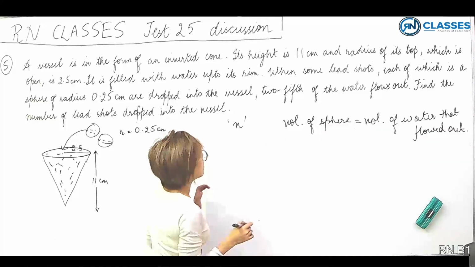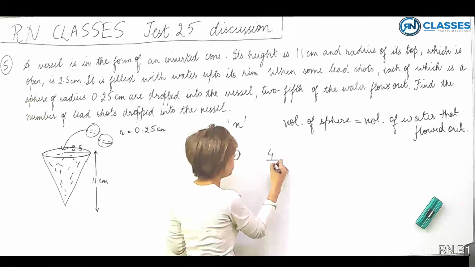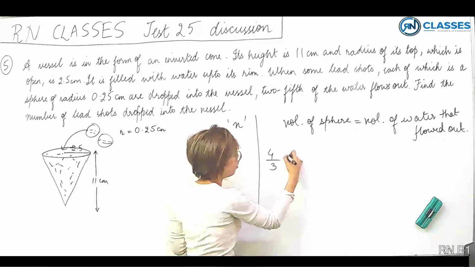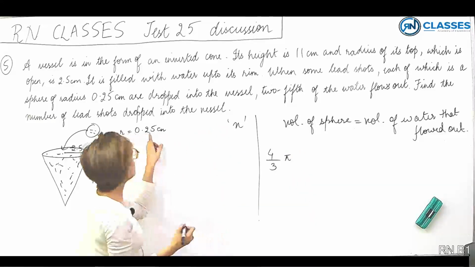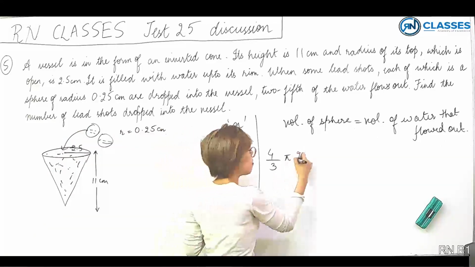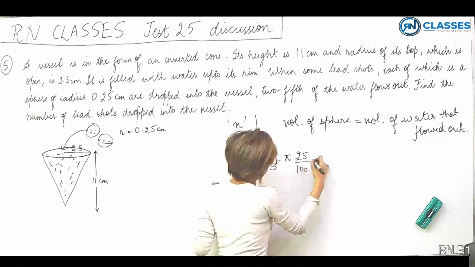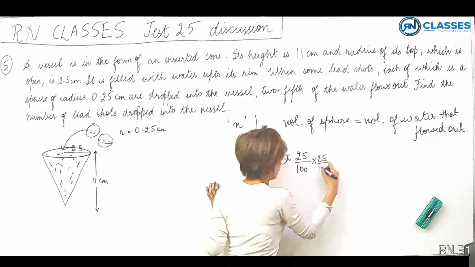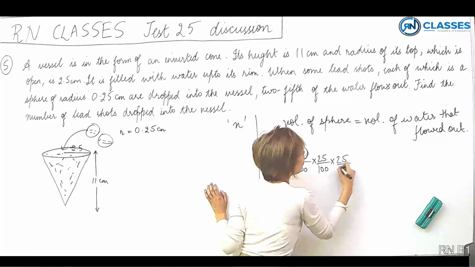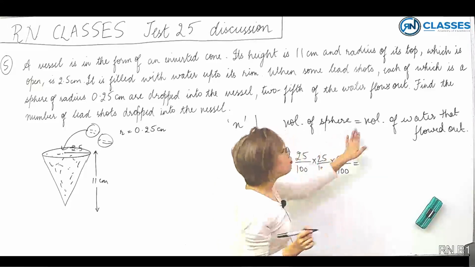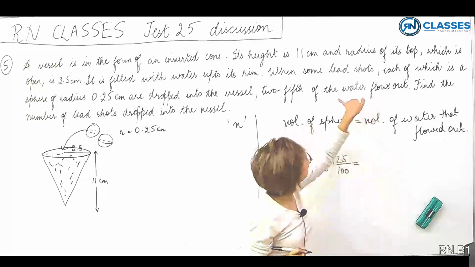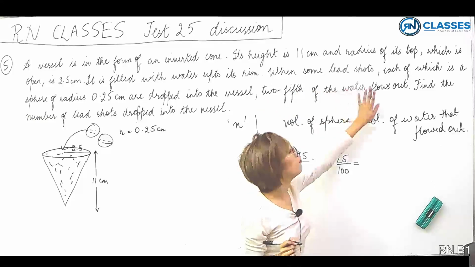Volume of sphere, that is 4 by 3 pi r cube. R is what? R is 0.25. So I'll write 25 by 100 into 25 by 100 into 25 by 100, equal to the volume of the water that flowed out. Now 2/5, where is it? 2/5 of the water flows out.